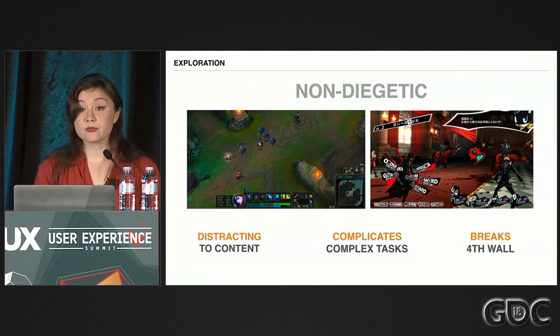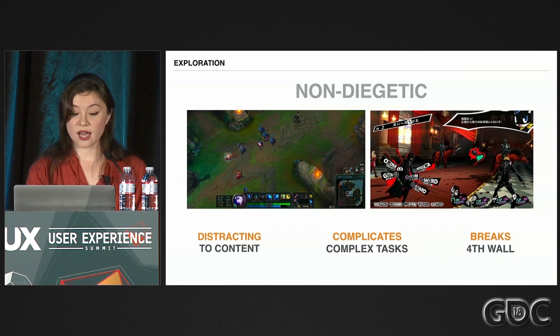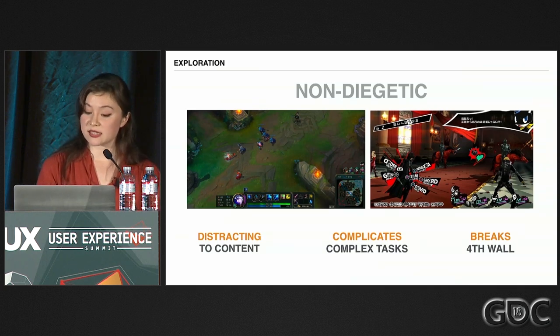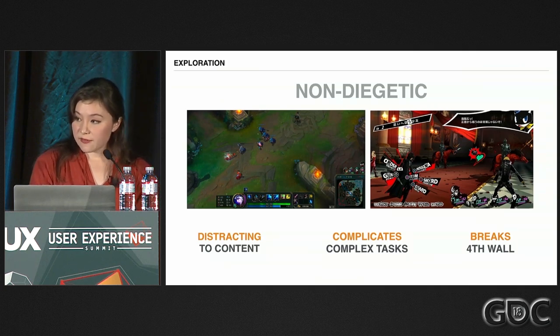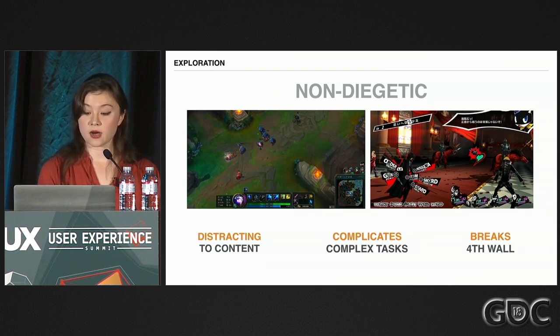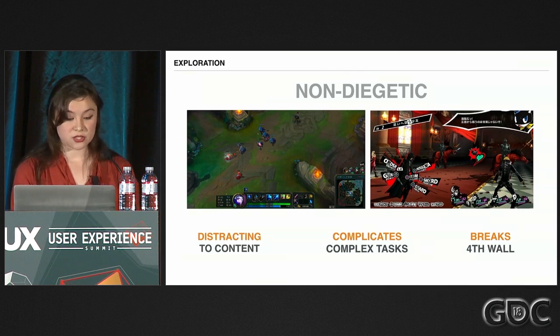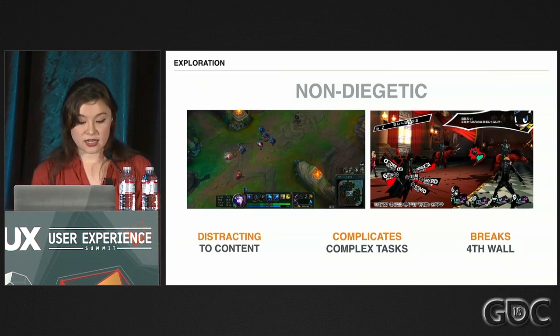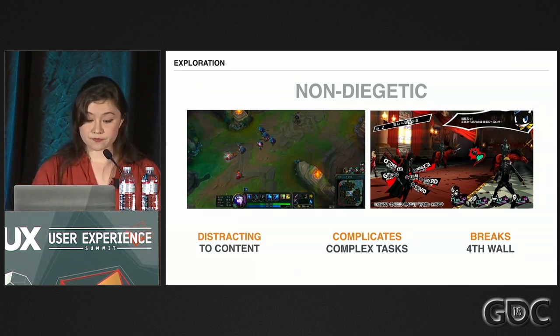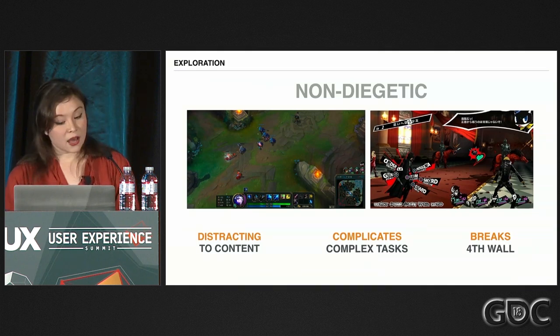But of course, the risk of non-diegetic depends on how it is laid out and designed. If it's badly laid out, you can risk further complicating your complex task. And if it's not designed correctly, then it will distract from the world being presented, in addition to just breaking the fourth wall.